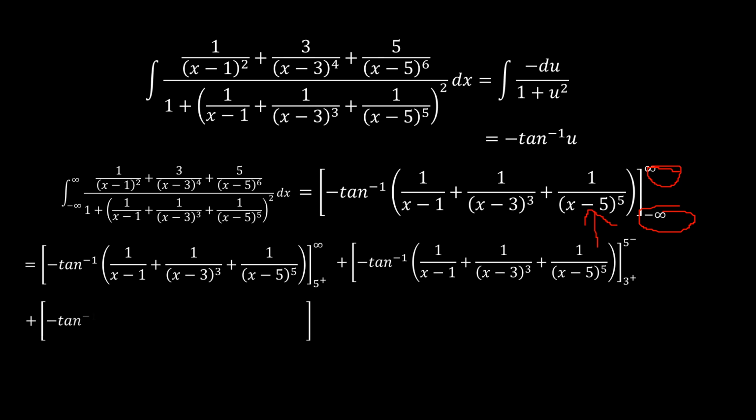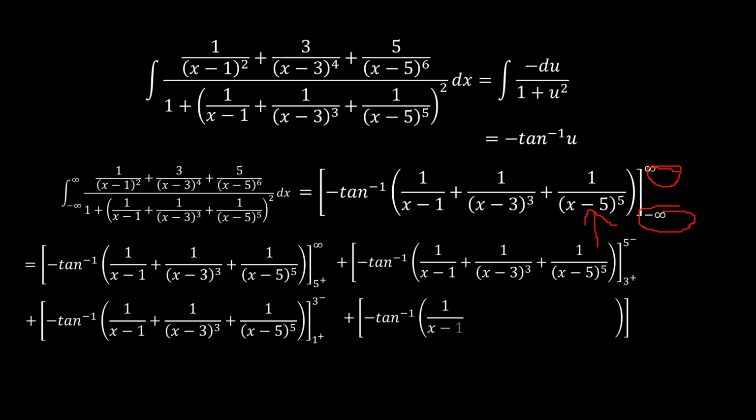And then from the positive side of x equals 1 to the negative side of x equals 3, and then from negative infinity to the negative side of x equals 1.